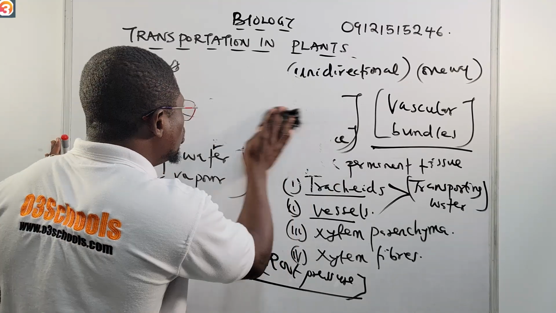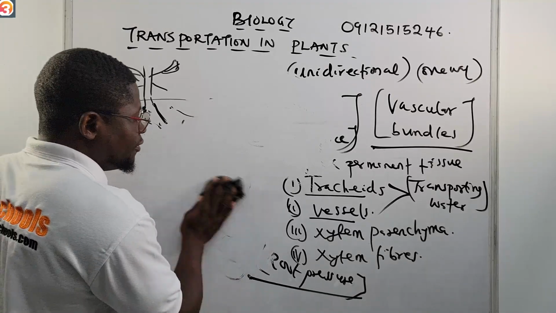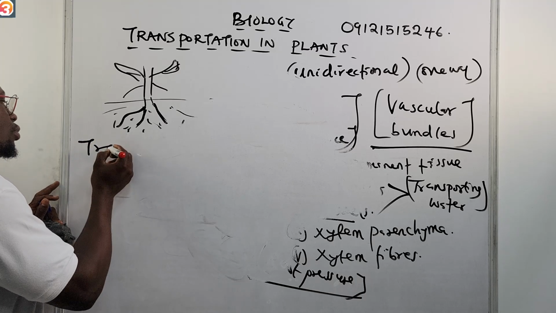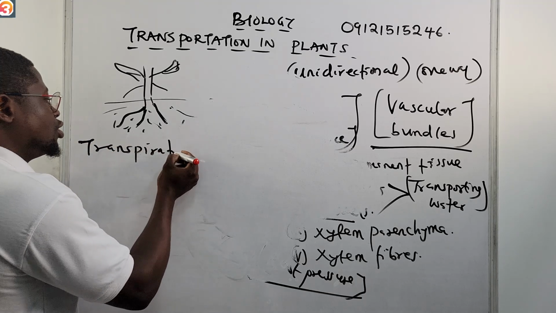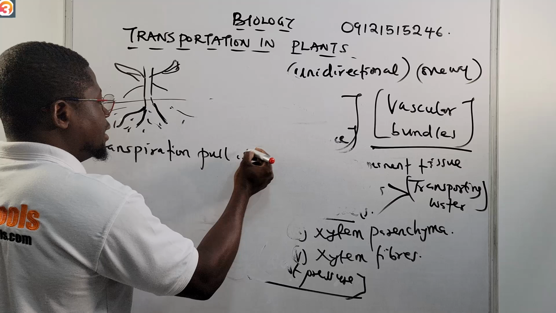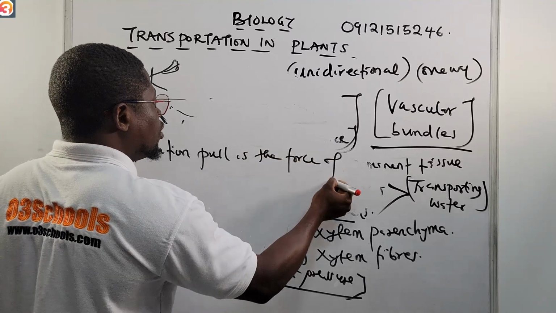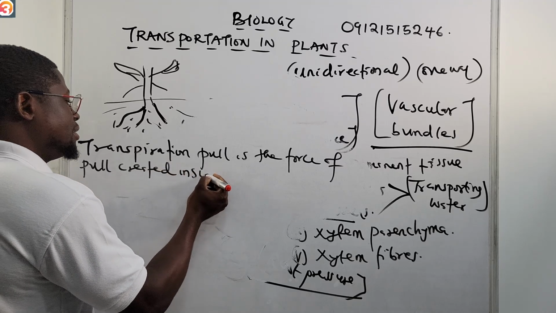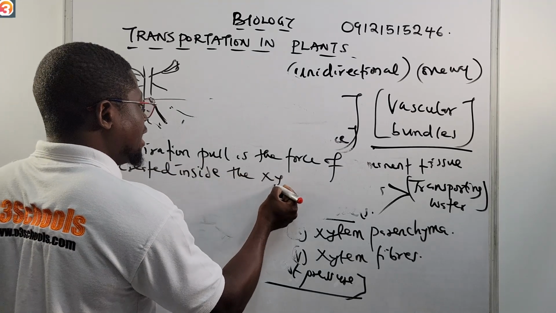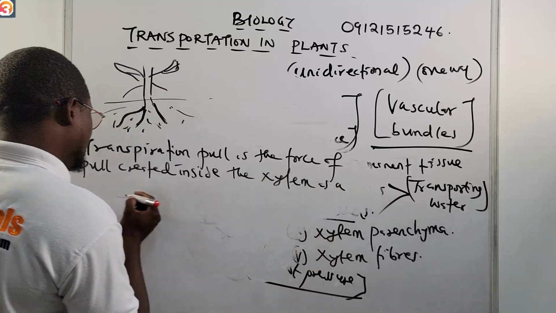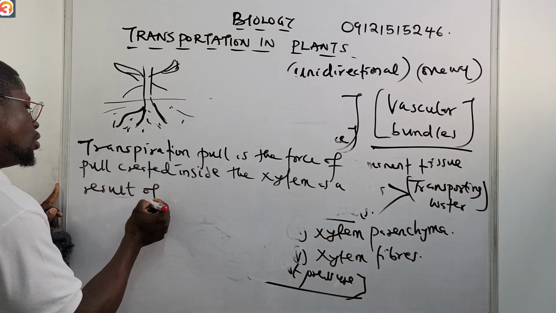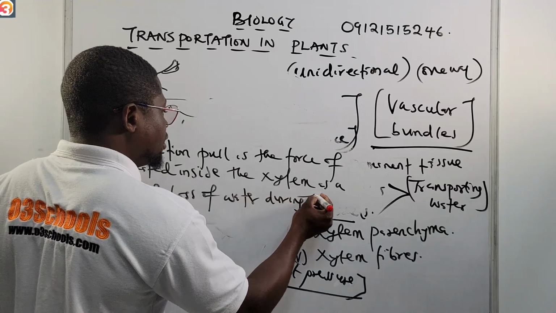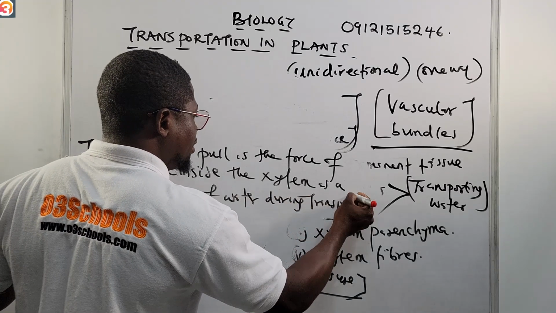Transpiration pull is the force of pull created inside the xylem as a result of loss of water during transpiration.